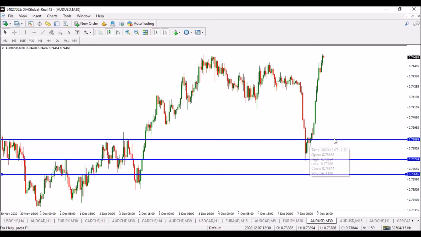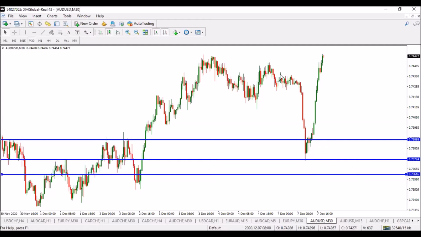If it triggers and goes down, it's going to sell and you make a profit. If it goes up quickly, then you make a profit. When you enter here, your stop loss will be here, 15. And the same thing if you sell here, your stop loss will be here.